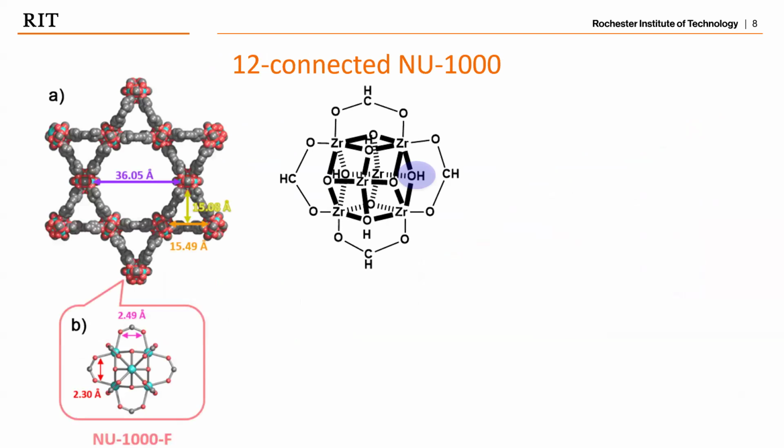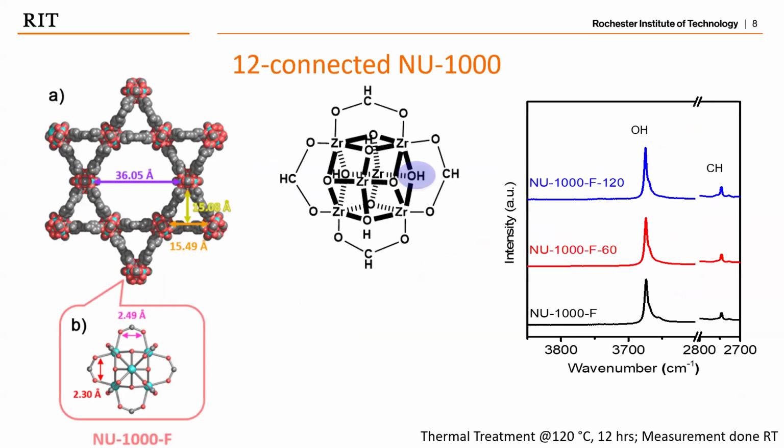We got the single crystal structure and confirmed it. We also did in situ FTIR, reflectance FTIR. Usually we do thermal treatment to remove some water, because I think Professor Tall also talked about ammonia interacting with water to form ammonium. So we remove the water by heating, and the structure does not change much.